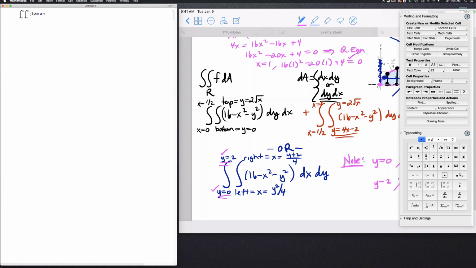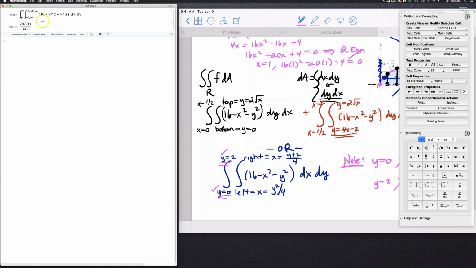Then we have 16 minus x squared minus y squared. I will leave you to check the evaluations by hand. Y goes from 0 up to 2, and then x goes from y squared divided by 4 up to y plus 2 divided by 4. Let's put the y plus 2 in parentheses.